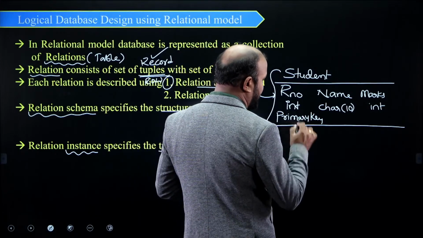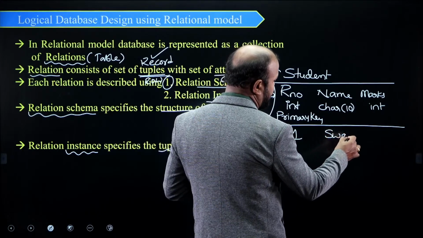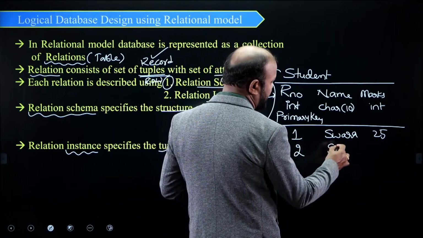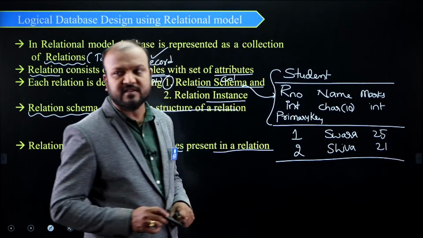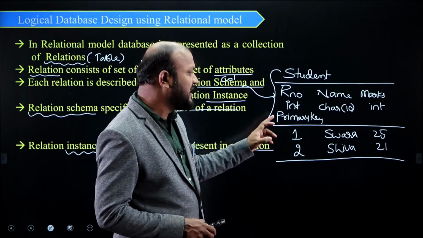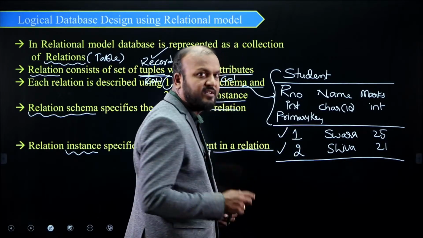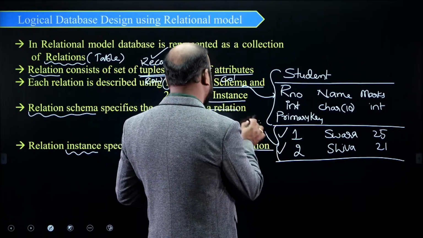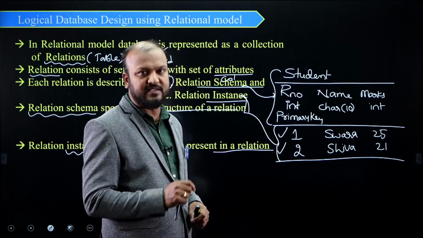Suppose initially I have some tuples: 1, Swara, marks 25, and 2, Shiva, marks 21. These are called records in a table, or we also call them tuples in a relation. At this moment of time, how many tuples are present? 2 tuples are present. This is called an instance of a relation. Instance means at a particular moment of time what tuples are present in a relation.